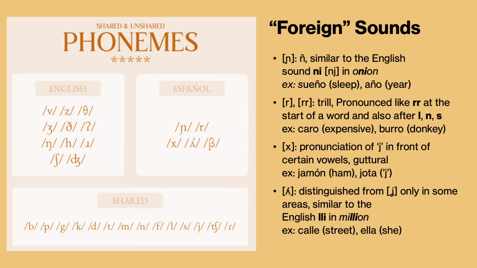Then the next sound is the sound, and it's kind of a guttural sound. It's the pronunciation of the Spanish J, and it's only in front of certain vowels, and you hear it more in Castilian Spanish.